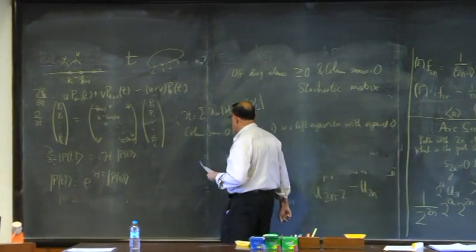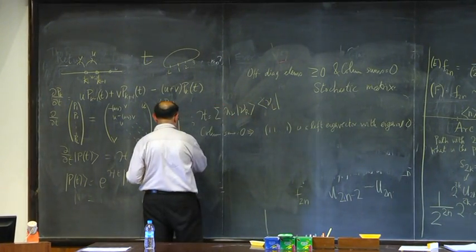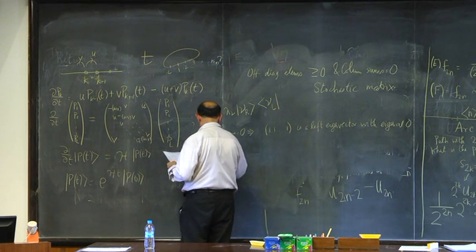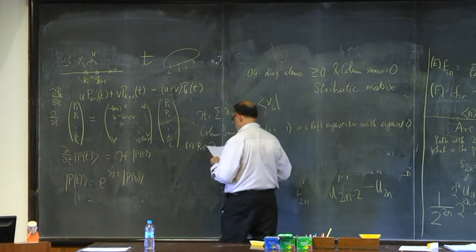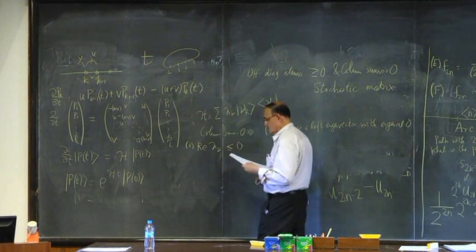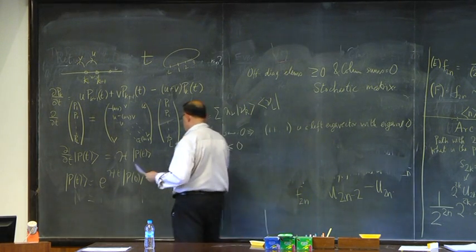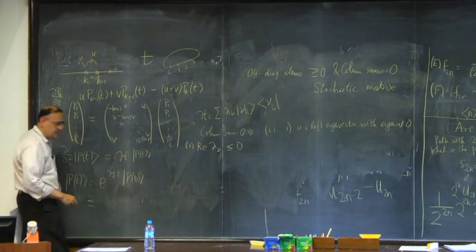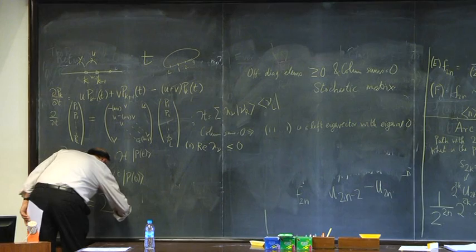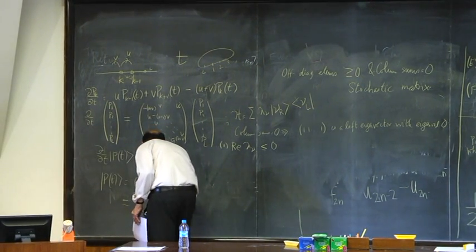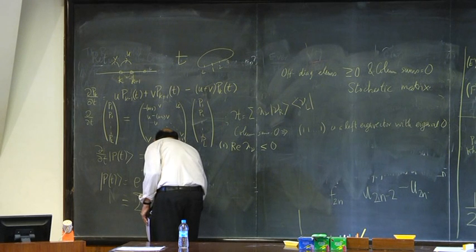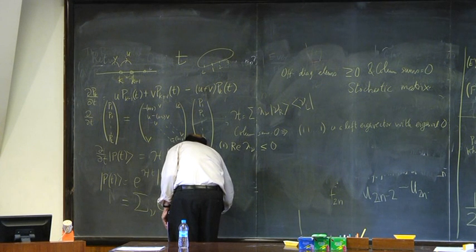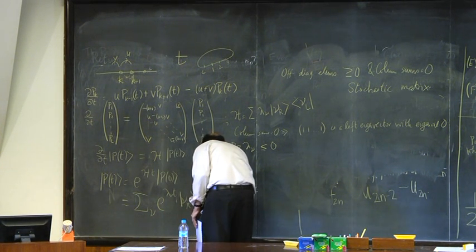Right. Now, a list of properties. Property 1: the real part of all eigenvalues must be less than or equal to 0. Why? We need to do a little bit further algebra here. We write e to the Ht in the eigenbasis. This is the sum over nu of e raised to lambda nu t, nu r, nu l, multiplied by p of 0.